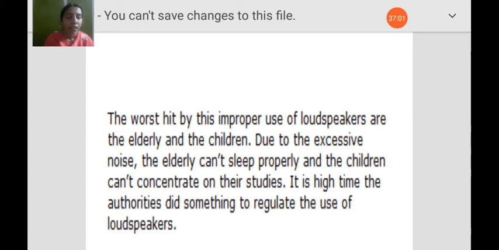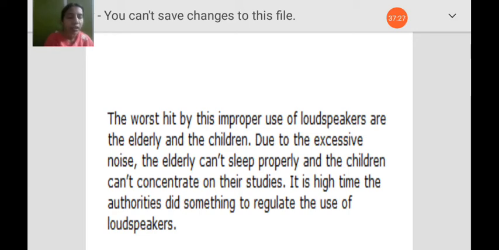And for most of the children, the loudspeakers are appealing. You know, they like the loud noise and the dancing that goes on with the loudspeakers. So they may get distracted from their studies. So that's why I have used this point. It is high time the authorities did something to regulate the use of loudspeakers.